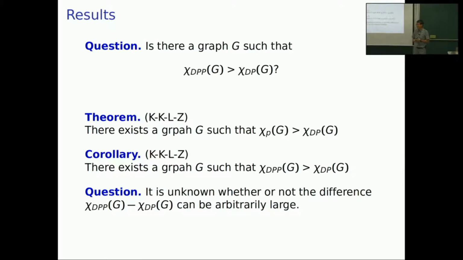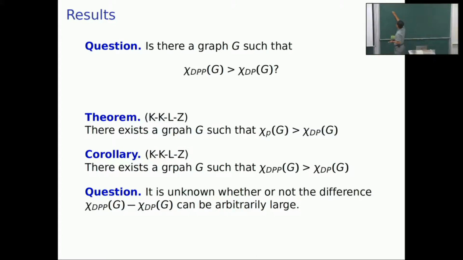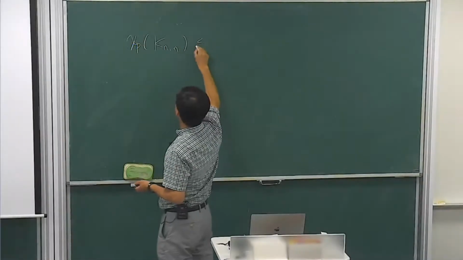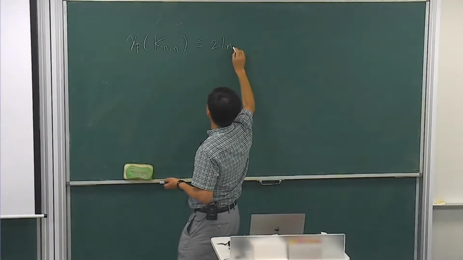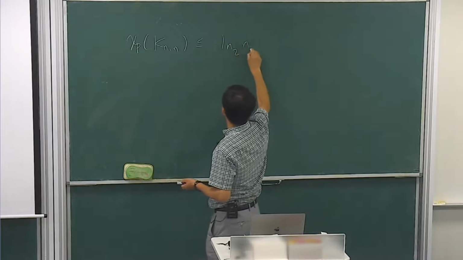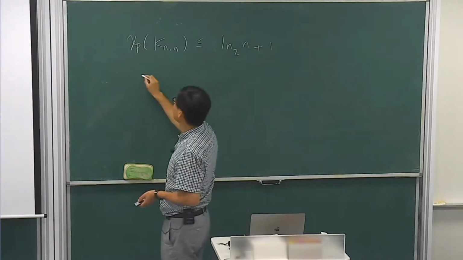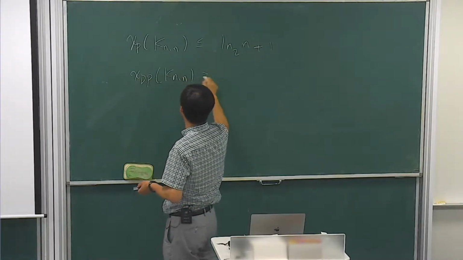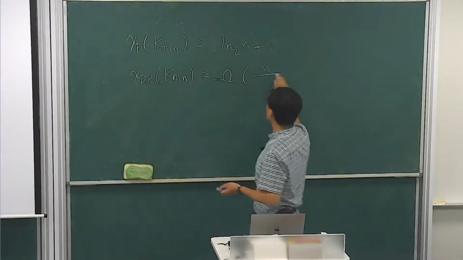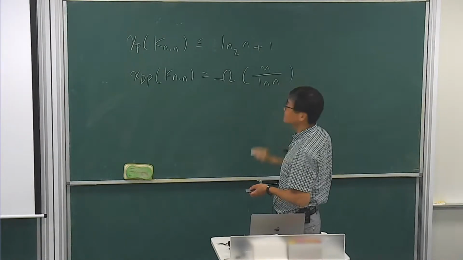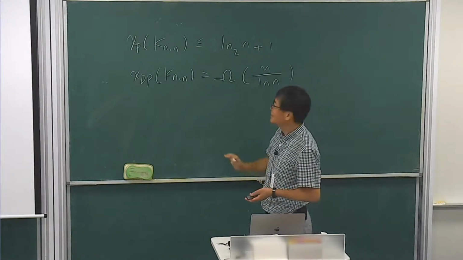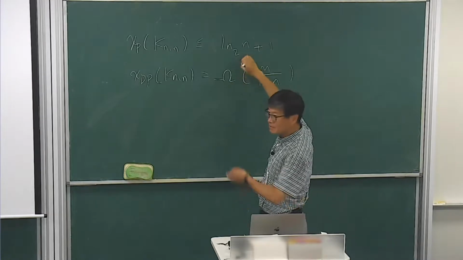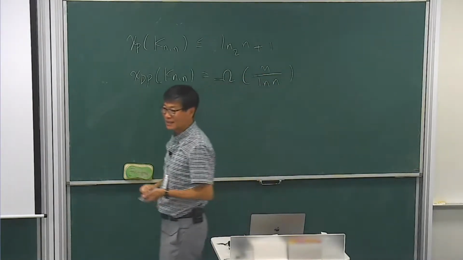Between the paintability number and the online DP-chromatic number, for example, as I showed before, basically it is 2 log n plus n must. The increasing ratio is this much, and the gap is very, very big between P and DP.